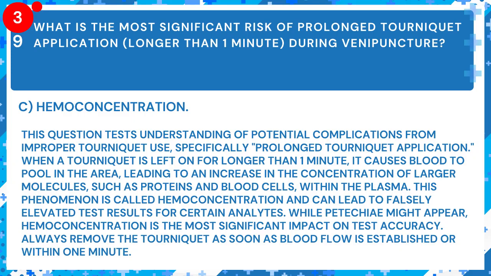This phenomenon is called hemoconcentration and can lead to falsely elevated test results for certain analytes. While petechiae might appear, hemoconcentration is the most significant impact on test accuracy. Always remove the tourniquet as soon as blood flow is established or within 1 minute.